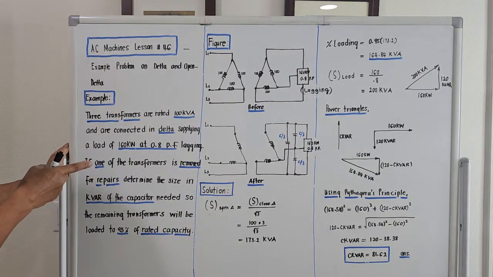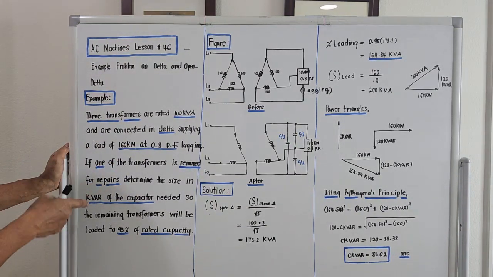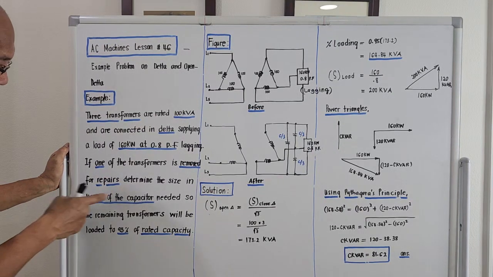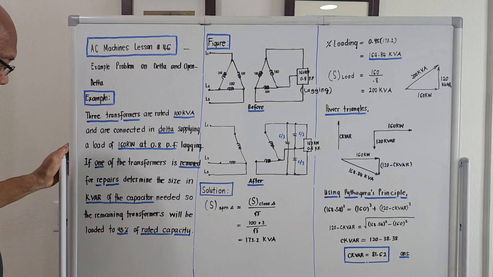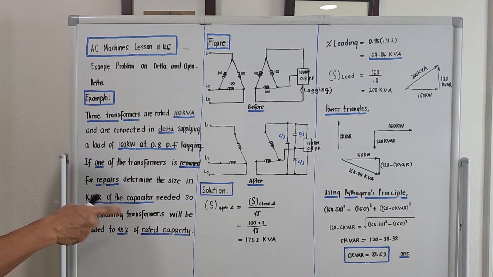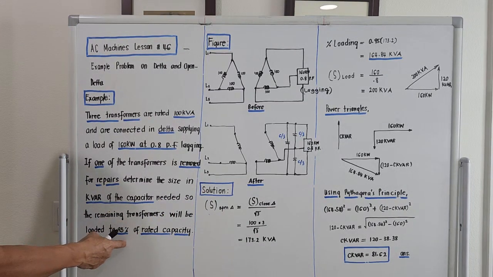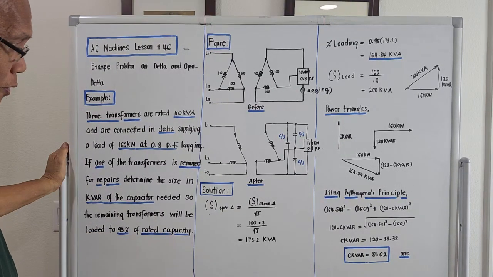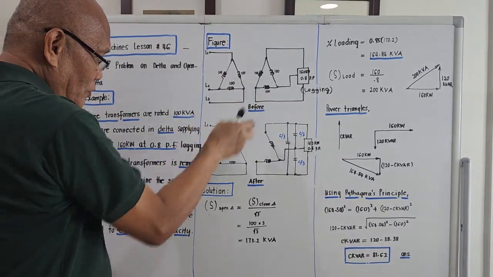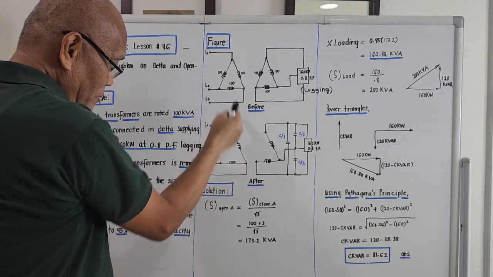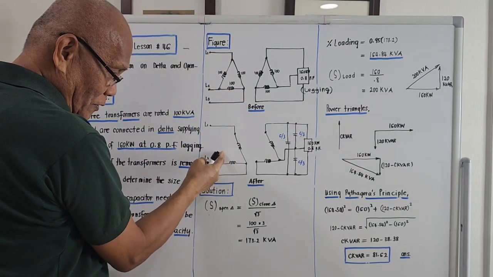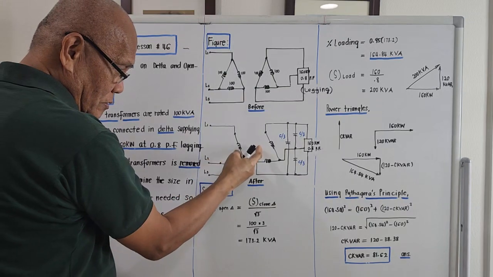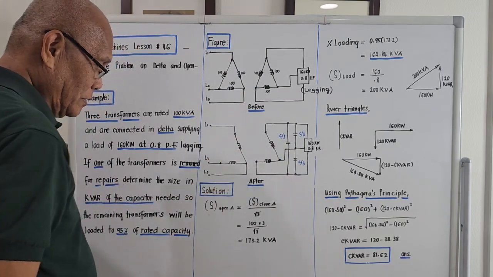If one of the transformers is removed for repairs, determine the size in kvar of the capacitor needed, so that the remaining transformers will be loaded to 95% of rated capacity. If one of the transformers is removed, we remove this one, so it will be something like this: open delta on the primary, open delta on the secondary.